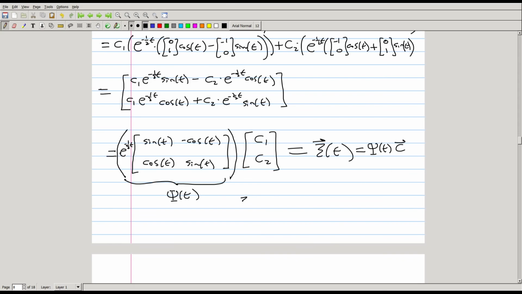So if the initial condition at some time t naught is some vector xi naught, we get the equation phi of t naught, times c, matrix multiplication, has to be equal to xi naught, which means that c will be exactly equal to the inverse of the matrix phi of t naught times the initial condition vector.